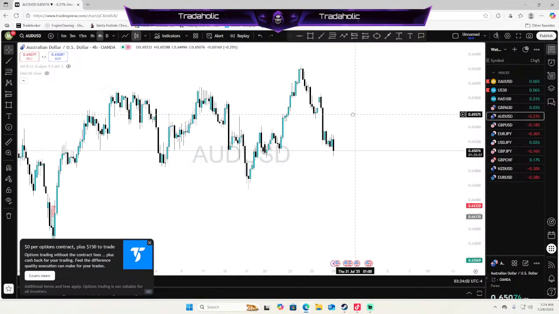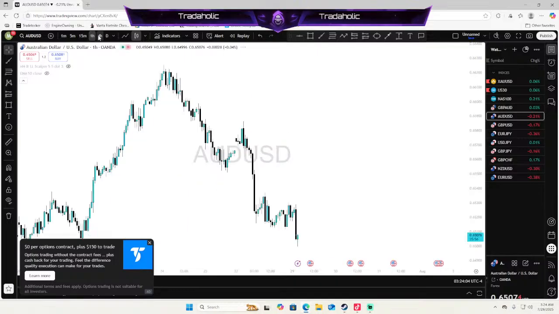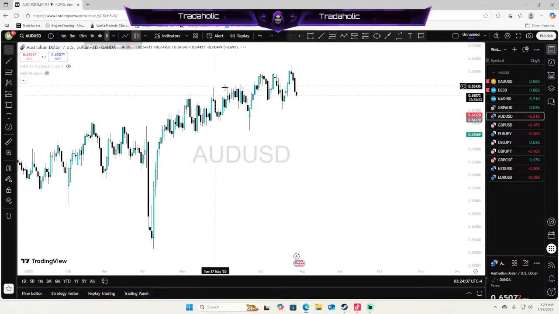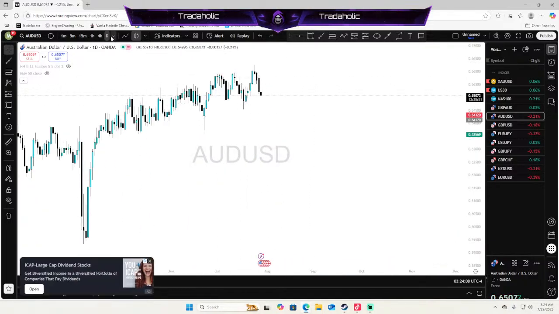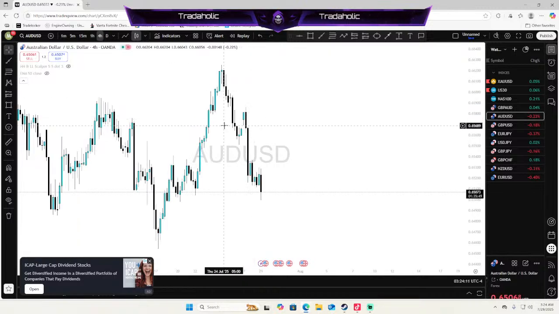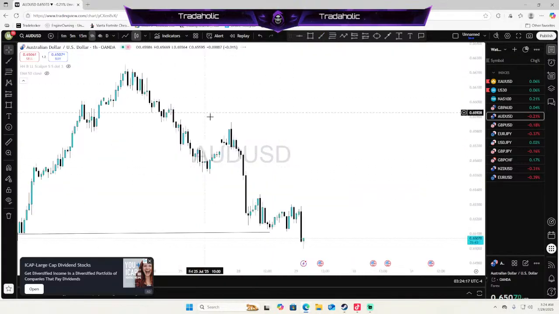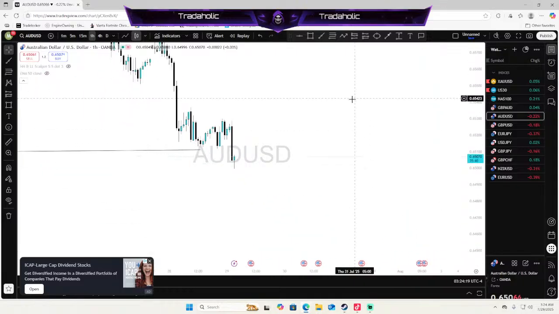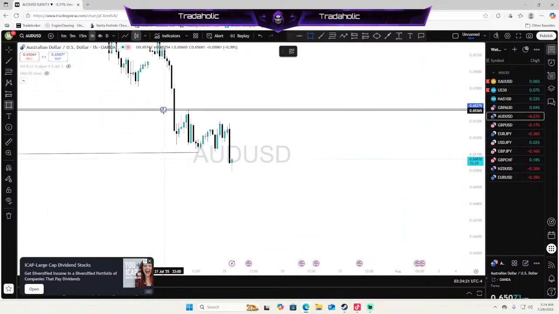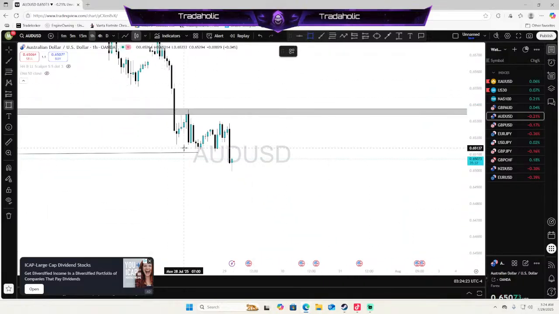Let's look at AUD, 4 hour, 1 hour. Okay, this looks more tradable. So daily time frame is bullish. 4 hour time frame is going bearish below this support down here. 1 hour time frame is bearish, making lower highs. This is the top of our range. This is the bottom of our range that we just had a breakout on.